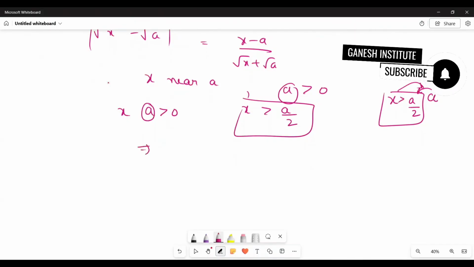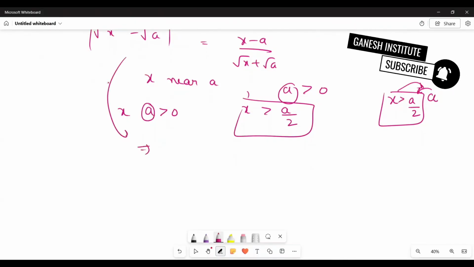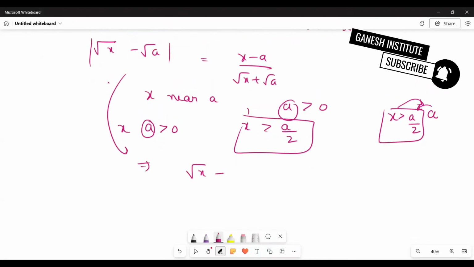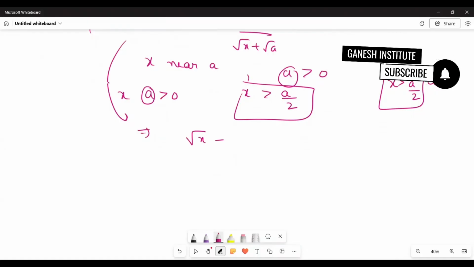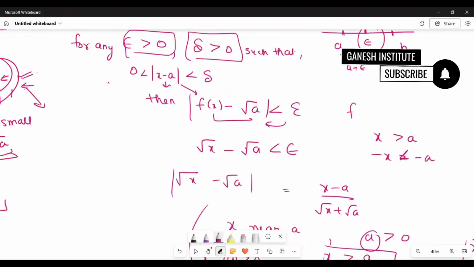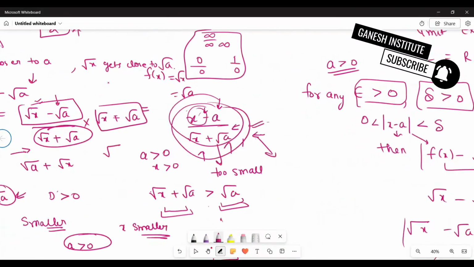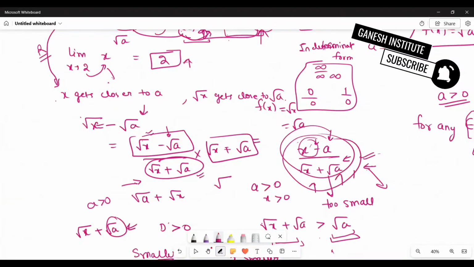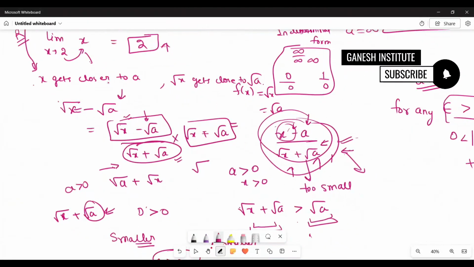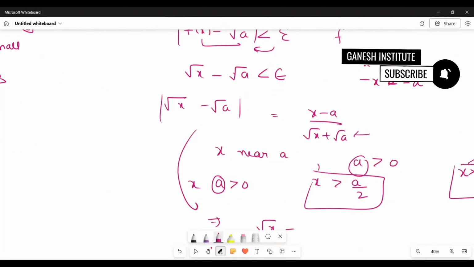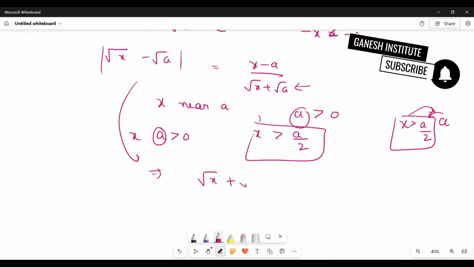So if I substitute here, it is going to give me root x minus... what was it? The denominator I'm trying to bound. I have in the denominator root x plus root a.